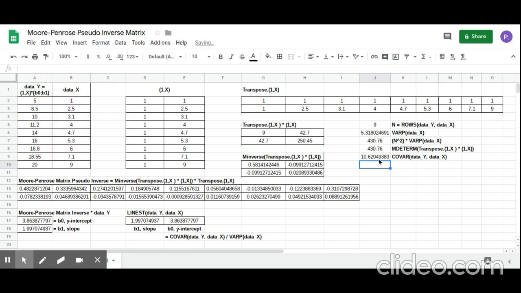The covariance value can be used to calculate the slope. So we have here covariance. This is equal to the covariance divided by the variance of the population. The slope is 1.997, which matches our LINEST output and also the matrix operations.